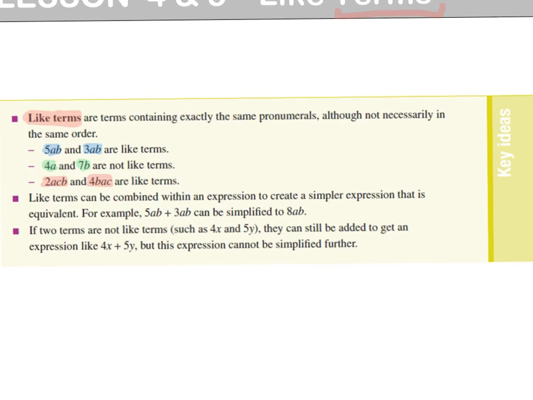But because we can multiply in any order, it doesn't actually matter. If we've got 2 times 3 times 5, that would be the same as if we did 2 times 5 times 3. And so that's the same as having ACB or BAC or ABC. It doesn't matter which order because they are just multiplied together.